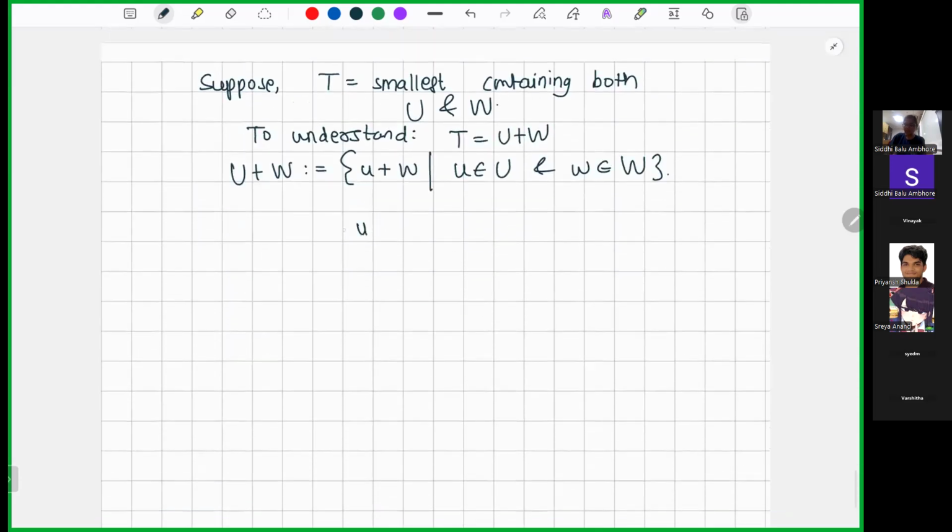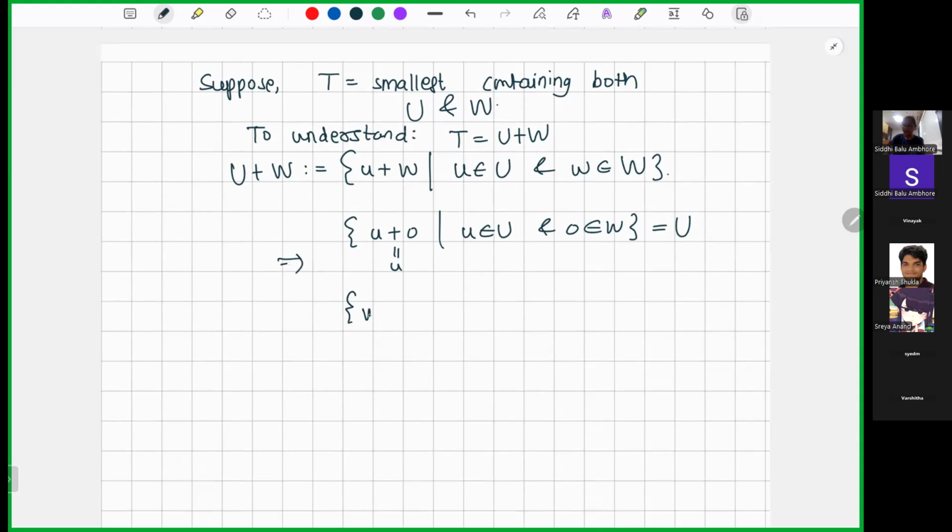So when I take u in U and 0 in W, this just becomes u, and this is my set U, just my subspace U, which is contained in this set, right?